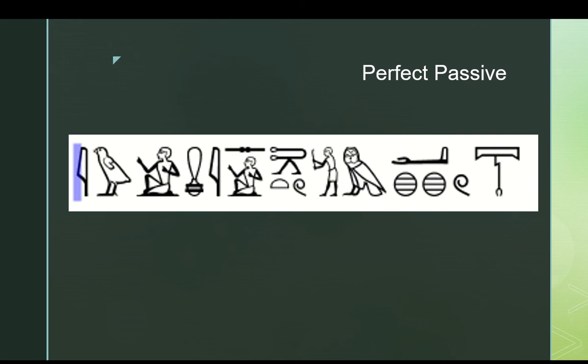Sa, a man. Itu em achachu. Achachu is darkness. Em is in or by. And itu is a verb meaning to overpower.